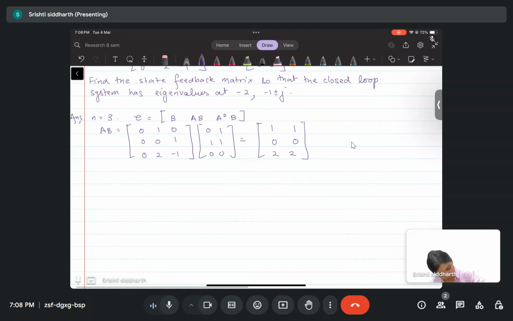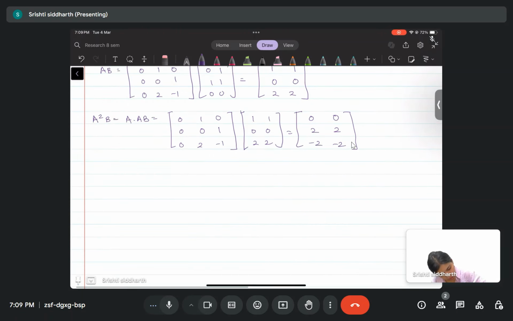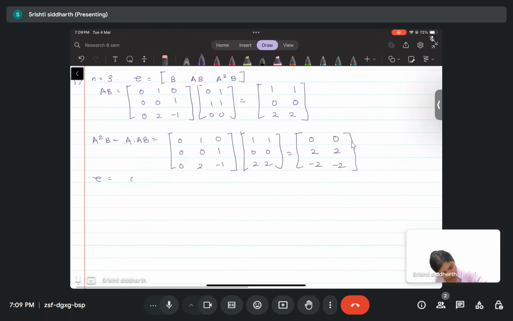Then we have A squared B. So this is simply A times AB. 0, 1, 0, 1, 1, 0, 0, 2, which gives 0, 0, then 2, 2, and then minus 2, minus 2. So this is simply 0, 1, 1, 1, 0, 0, 1, 1, 0, 0, 2.